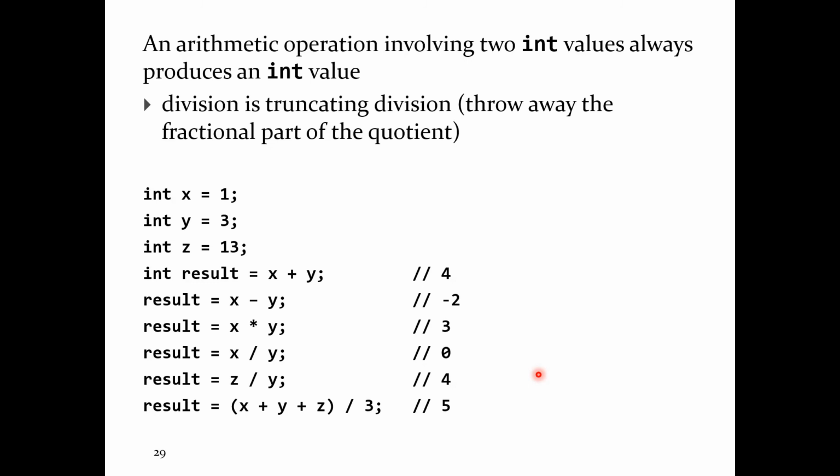In Python, you can use // to divide two ints to get another int value. In Python, it's not truncating division. Instead, it rounds towards minus infinity, which behaves differently than Java for negative quotients. Java always rounds towards 0. Python rounds towards minus infinity when you use Python's // operator.